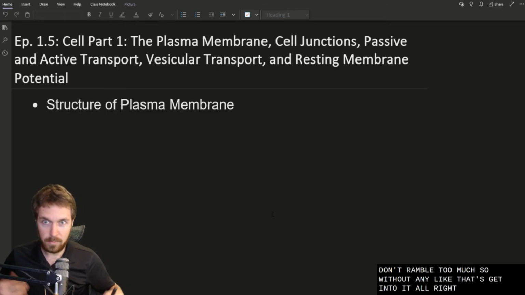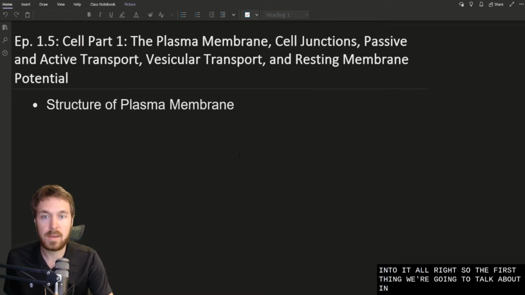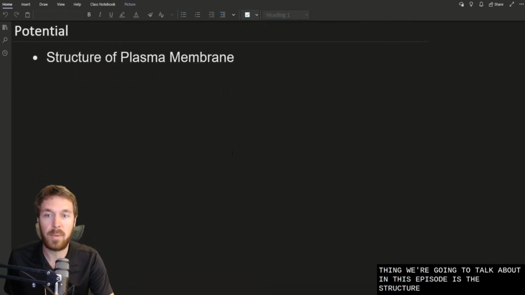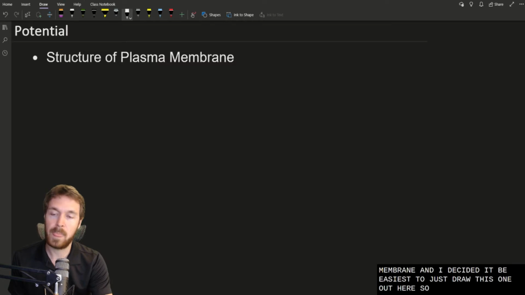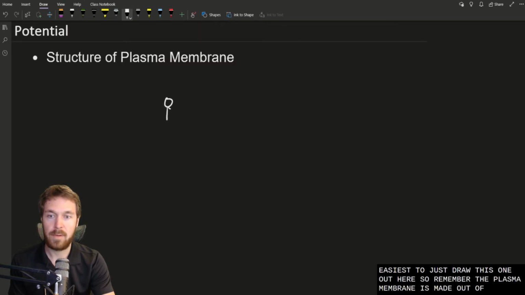All right, so the first thing we're going to talk about in this episode is the structure of the plasma membrane, and I decided it'd be easiest to just draw this one out here. So remember, the plasma membrane is made out of phospholipids.